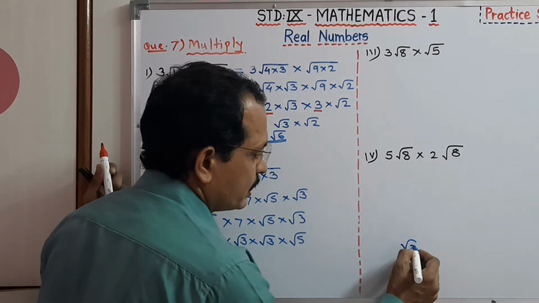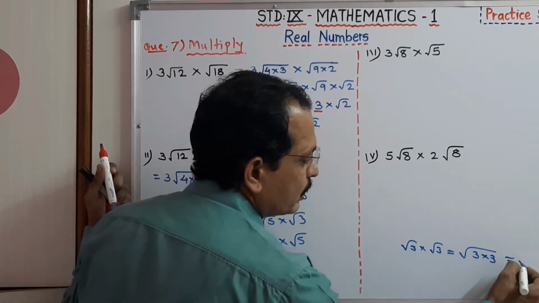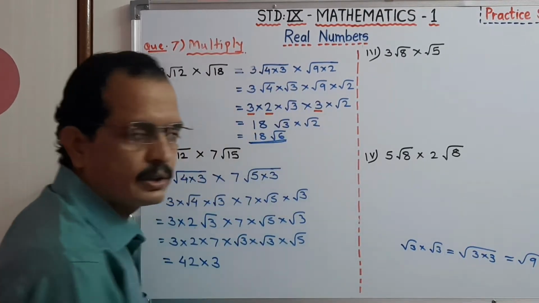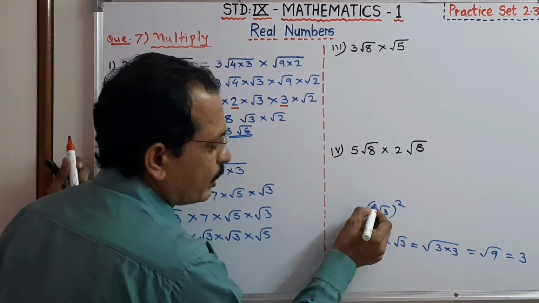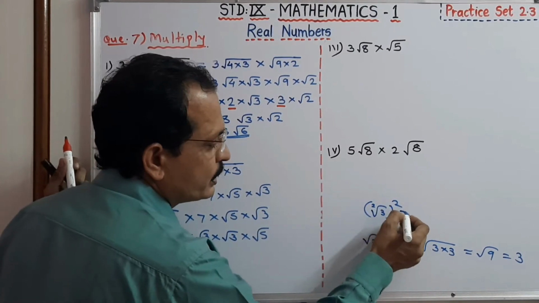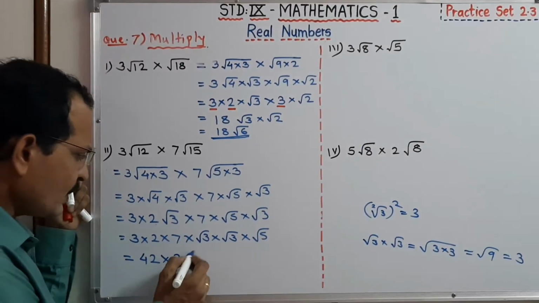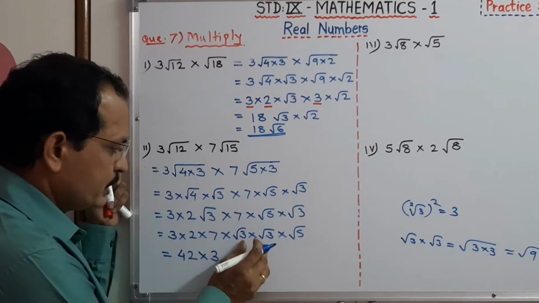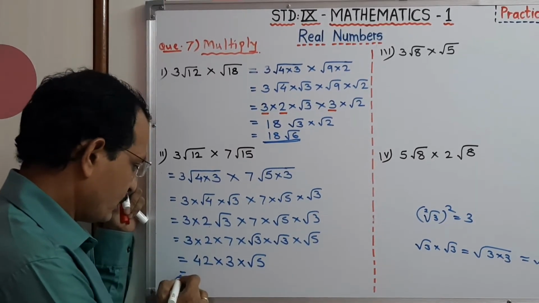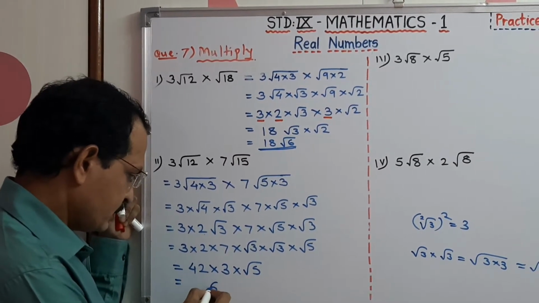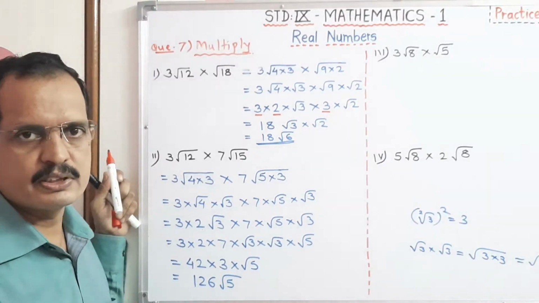See here, root 3 into root 3, we can write here under root 9 and square root of 9 is 3. Or we can say it is root 3 square, here order is 2 and index is 2, therefore the answer is 3. Now see here, this 42, this root 3 into root 3, this 3 and this is root 5. Now do the multiplication of this. It is 126 root 5.